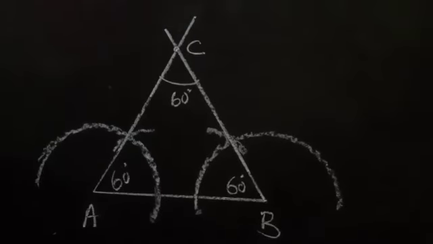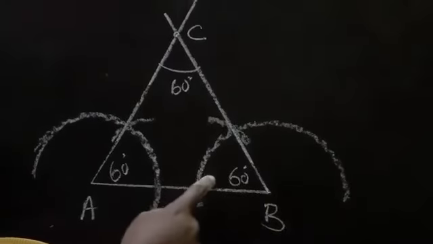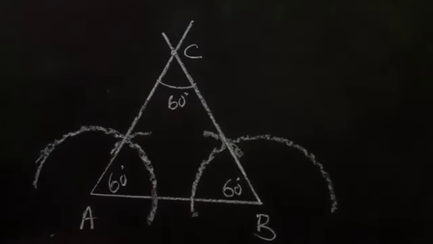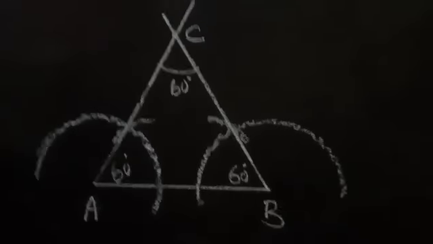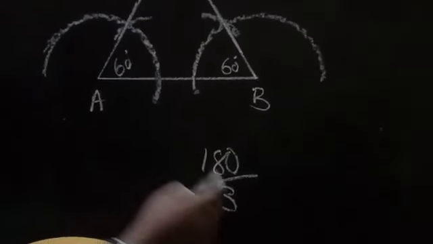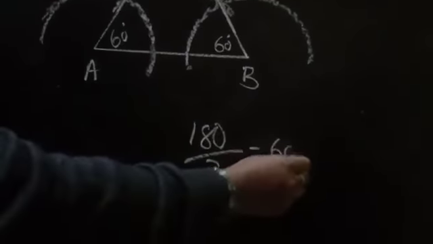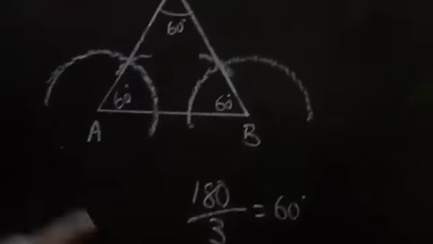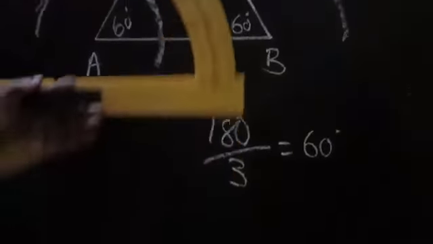Because 60 plus 60 plus 60 will get 180. The sum of the three angles in a triangle is 180. When we divide 180 by 3, because we have three angles in a triangle, we get 60 degree each. So we will get ABC is equilateral and also equiangular.